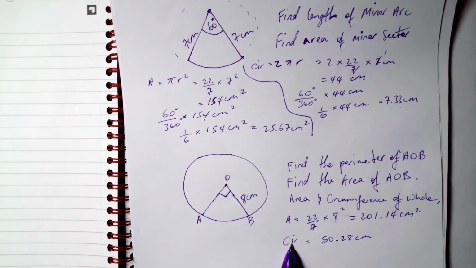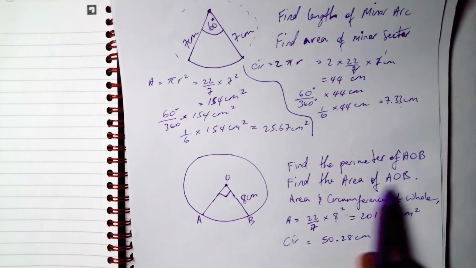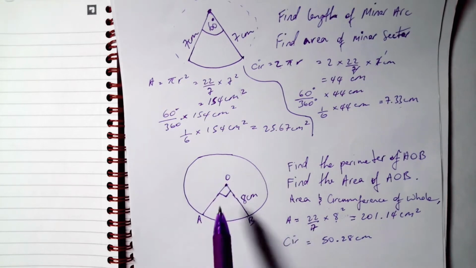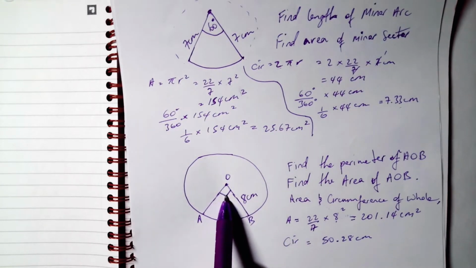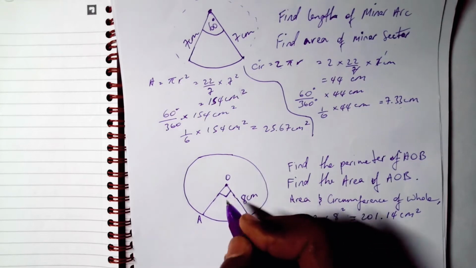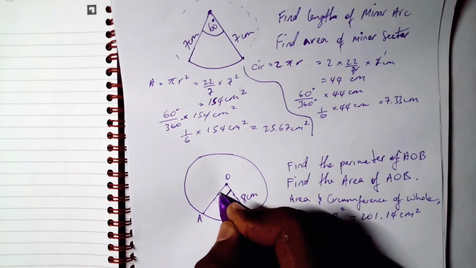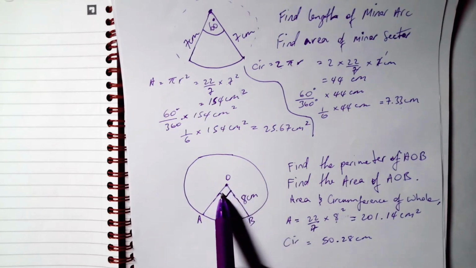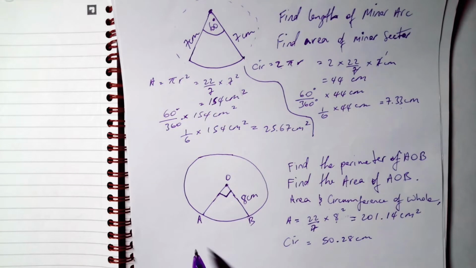Now let us find the area of the AOB, which is the area of a slice of pizza. I hope you see right here that this is a right angle triangle, because this right here is a box. See that little L thingy? It means it's a right angle. So the angle right here is 90.